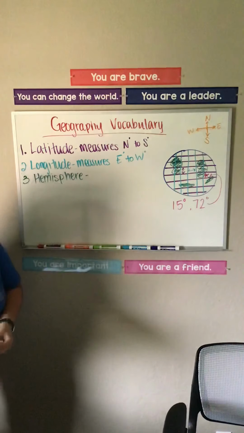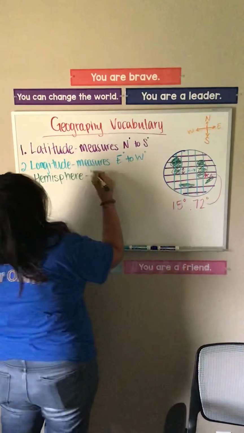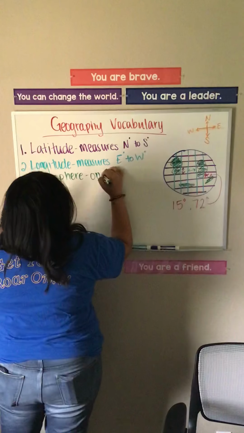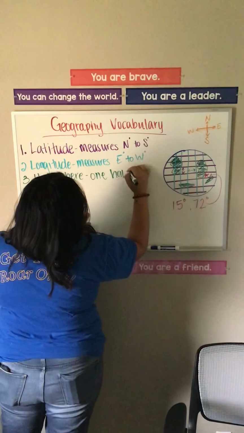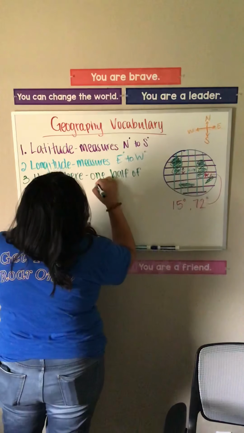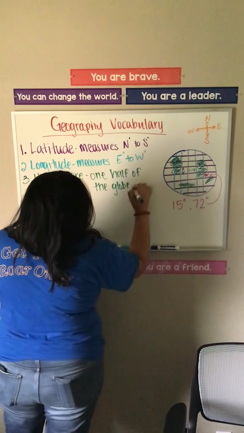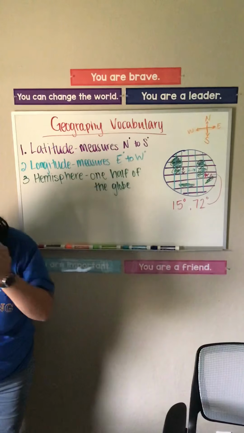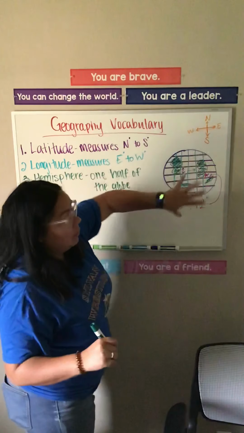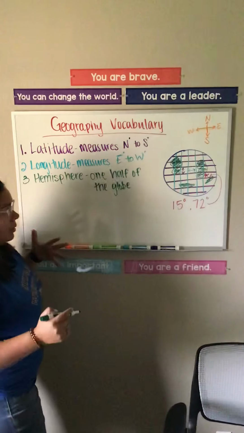A hemisphere is literally one half of the globe. It's half a sphere. The Earth is a sphere, and this would be half of it, so it's half of the globe.